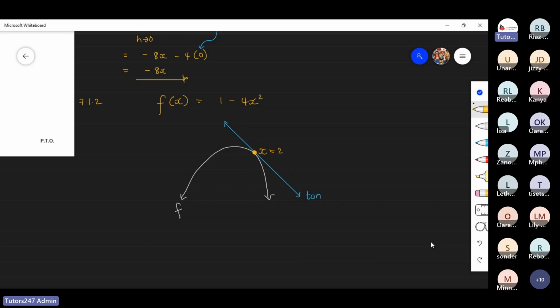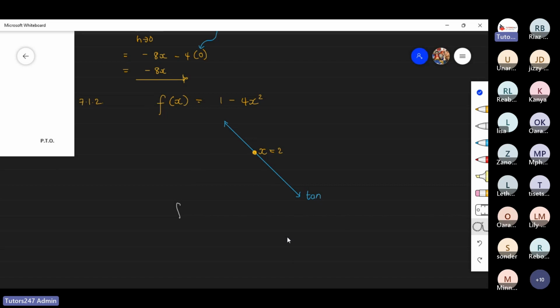Why? Because a straight line has a constant gradient. So if we find the gradient of the parabolic function at x equals 2, that is the gradient of the whole tangent line. So let's ask ourselves, how do we find the gradient of a curve at a specific point?